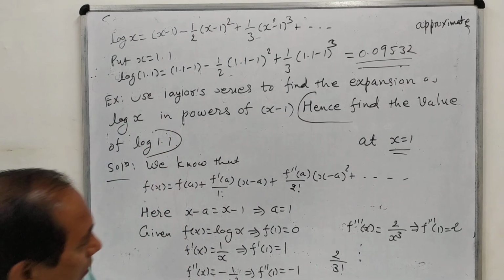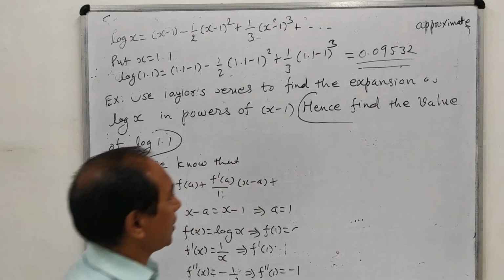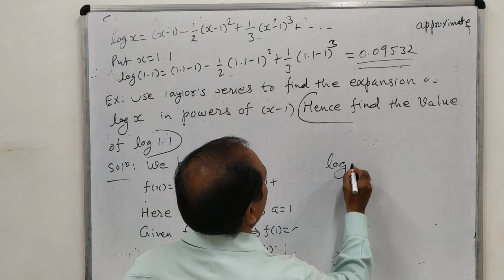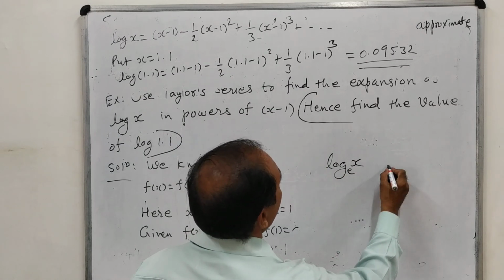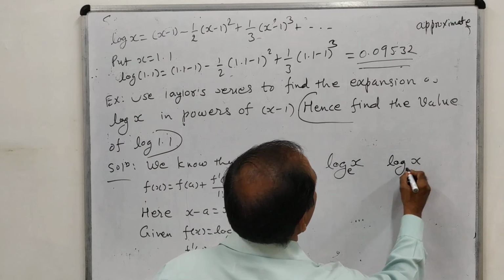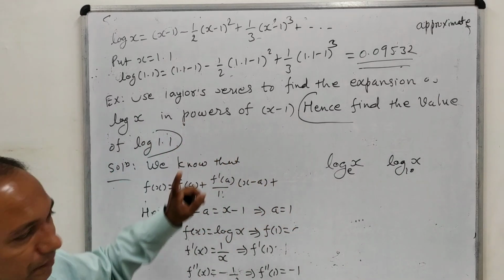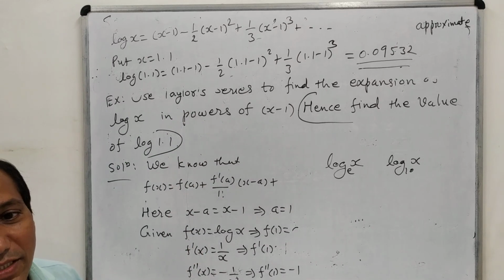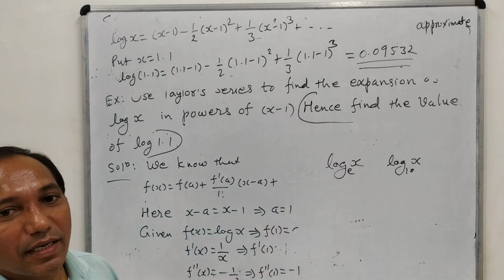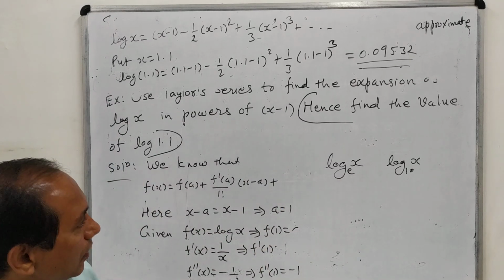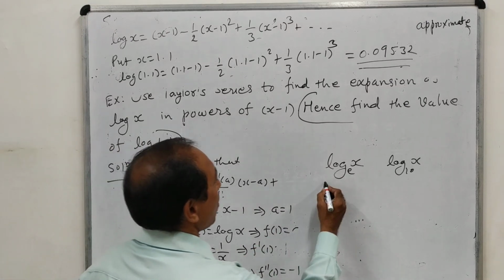And here one thing you note: I have written log of x. Normally whenever log of x is written, its base is either e or 10. If the base is given, then it is good. But if the base of log is not given, then it is understood by default that the base is e.